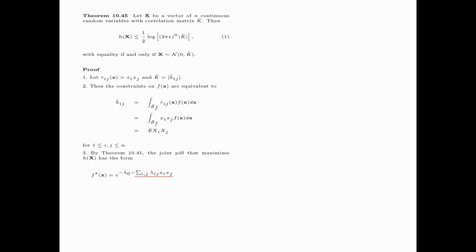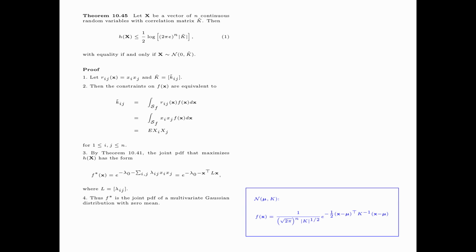Here, the summation over all i, j of lambda_ij times x_i times x_j can be written as x transpose L x, where L is an n by n matrix with the ijth element equal to lambda_ij. Thus, f star is the joint PDF of a multivariate Gaussian distribution with zero mean. To see this, we only need to compare the form of f star of x and the PDF of a Gaussian distribution with mean 0.